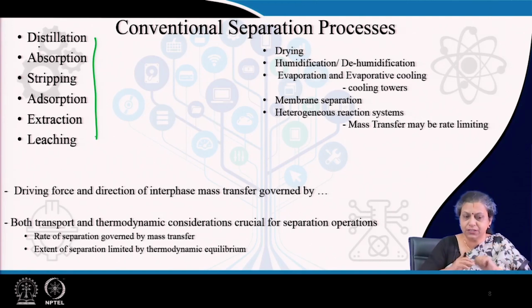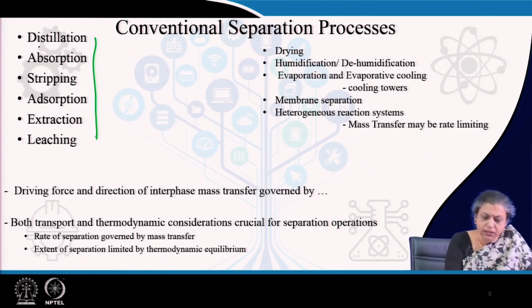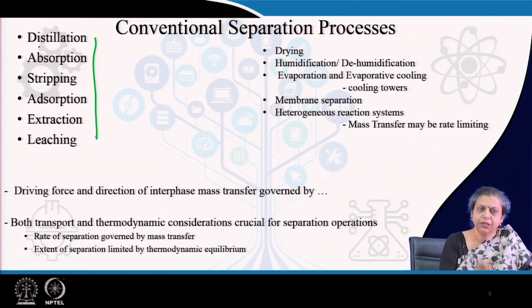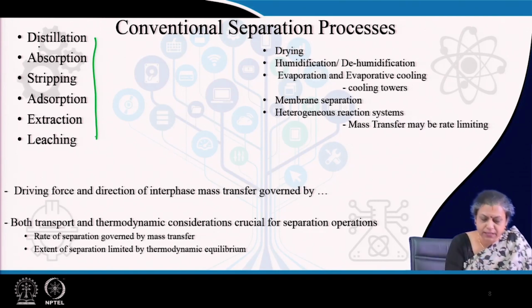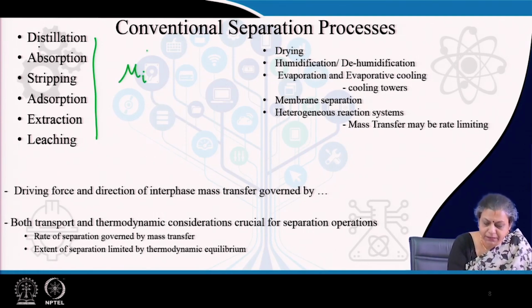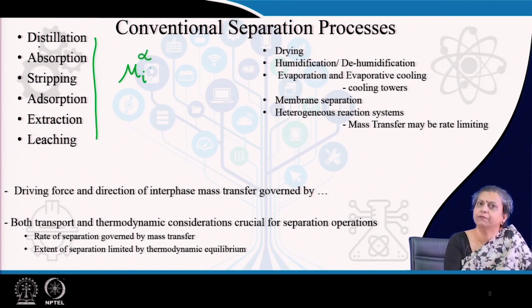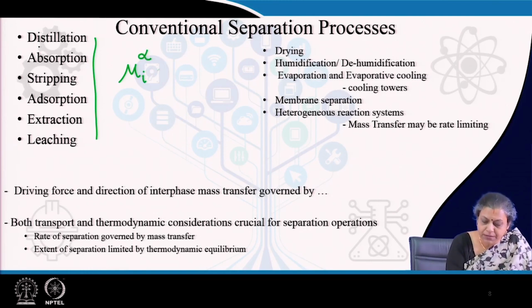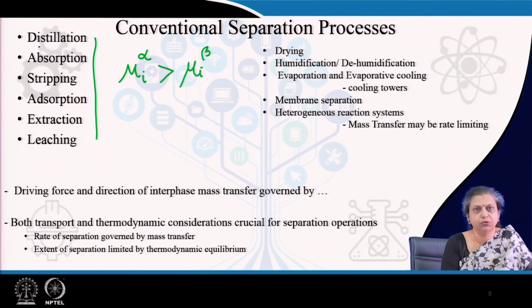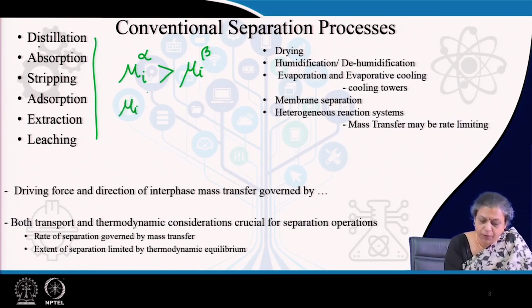This is something which we need to remember, that for all these processes we find that the mass transfer between the two phases will occur as long as the chemical potential of the component I, say in phase alpha, suppose alpha and beta are the two phases, is not equal, that is, mu I alpha is not equal to mu I beta, and the mass transfer is going to stop when mu I alpha becomes equal to mu I beta.